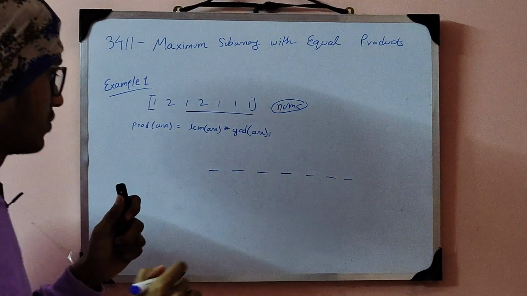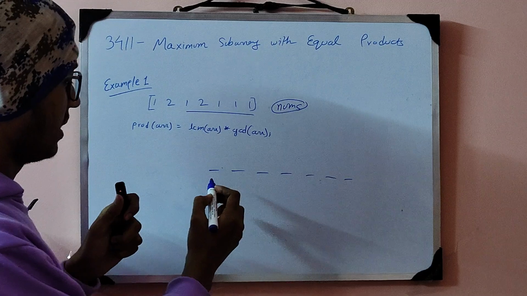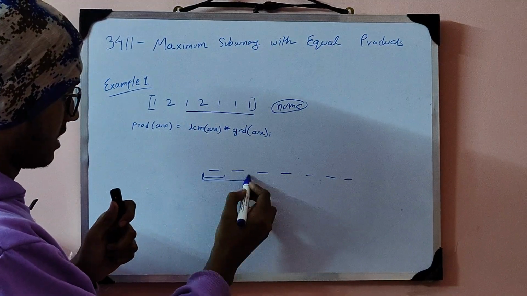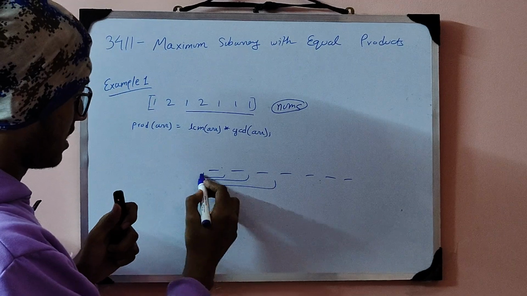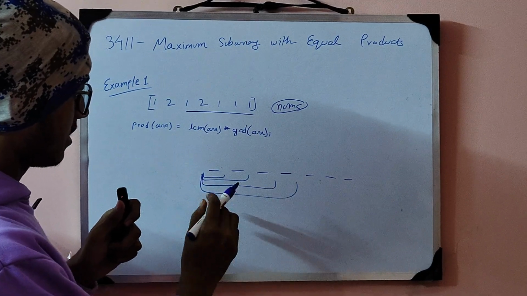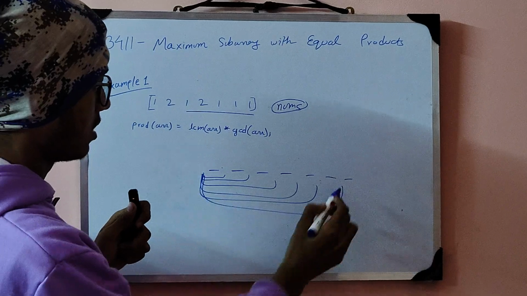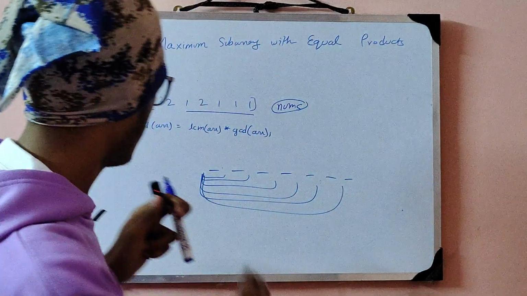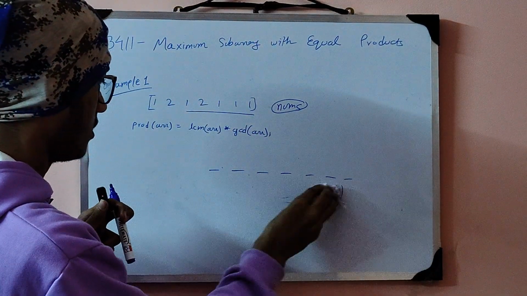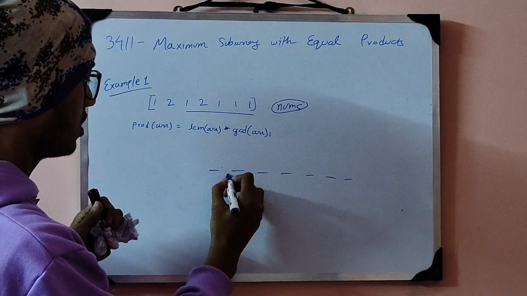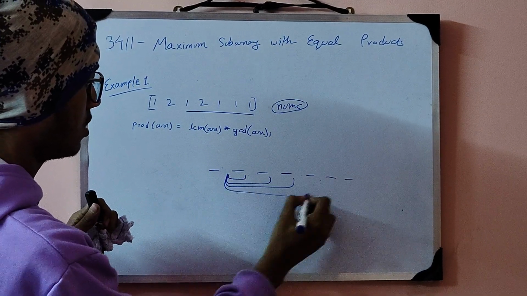How is it possible? By the brute force way, I can take this, I can take this, I can take this, and after taking everything from the first position, I can take this one, this one, this one, this one.